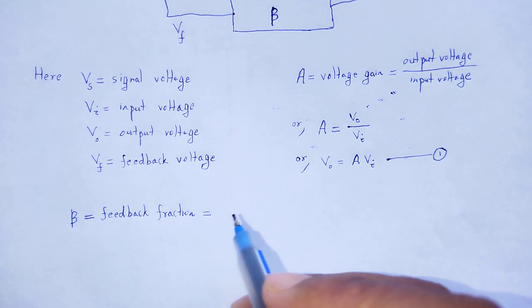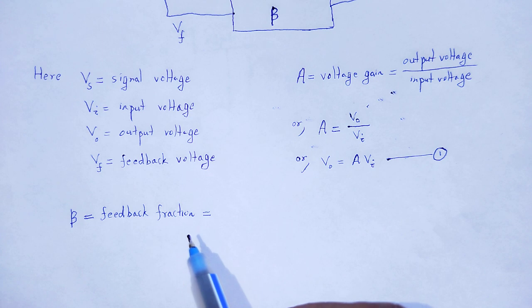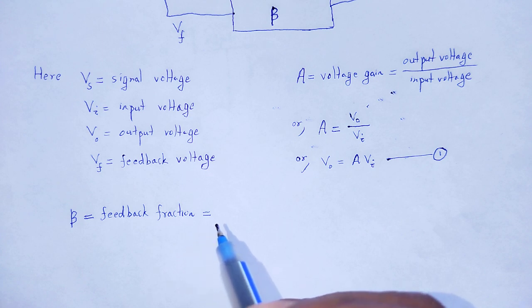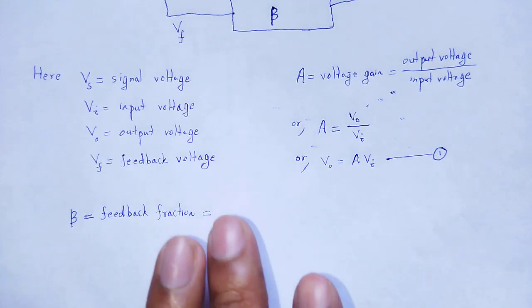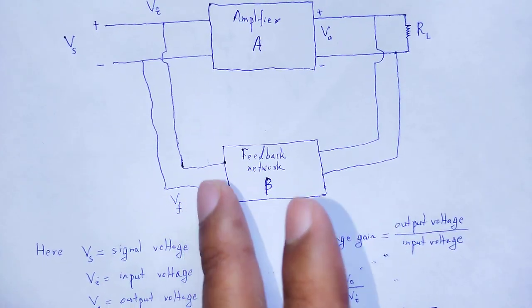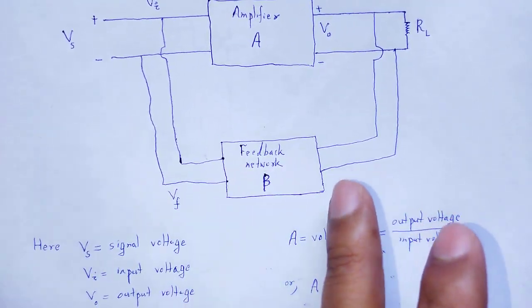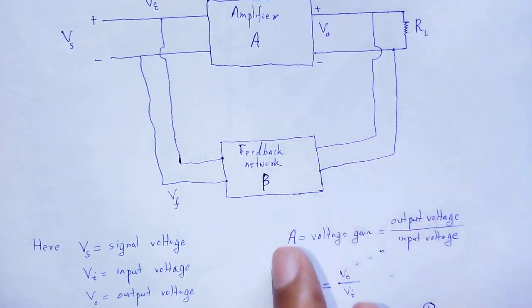That feedback fraction is less than 1, and we define it as the ratio of feedback voltage to output voltage. The feedback voltage is a fraction of the output voltage of the amplifier.